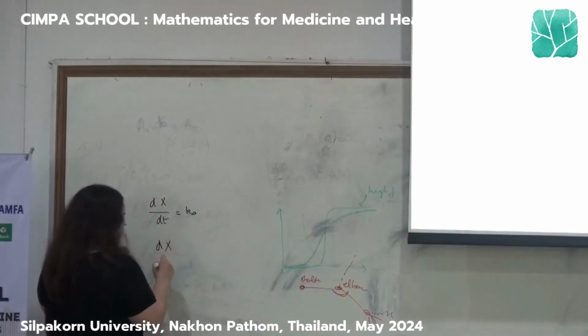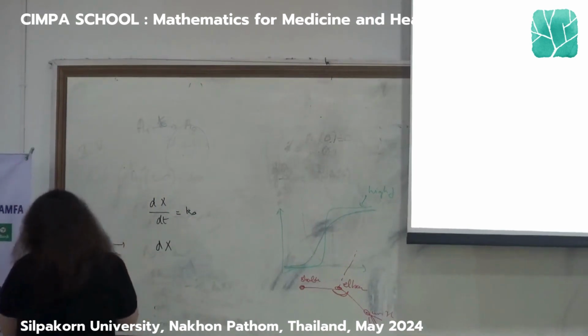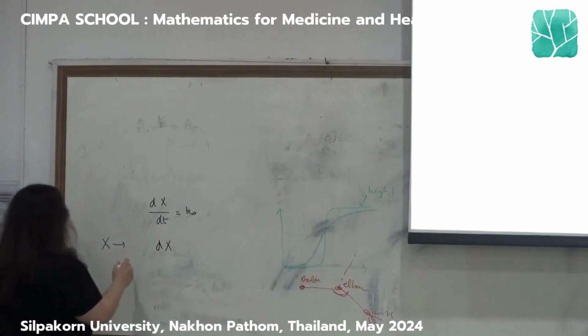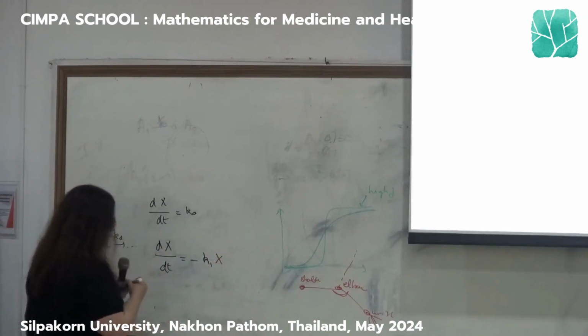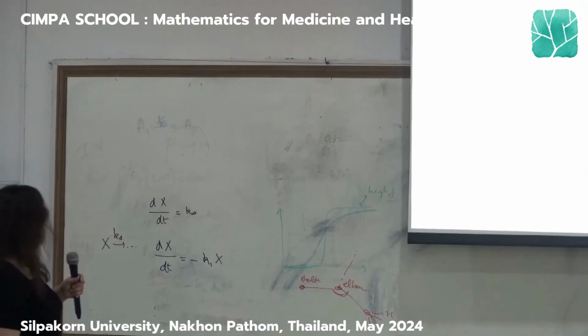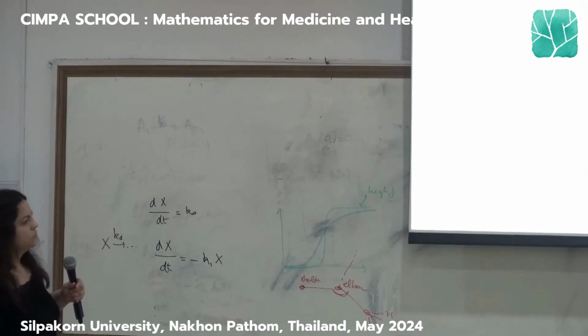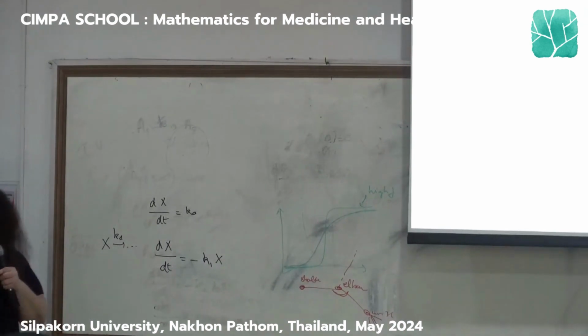So if you have, for instance, X that will give rise to something at the rate K1, then X will disappear at the rate K1 times X. And this is typically the case when you have proteins in the cells that are created and then degraded continuously over time.